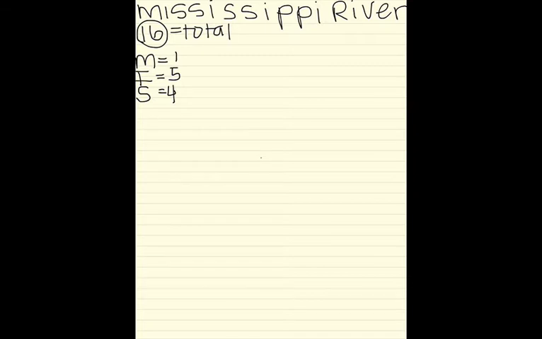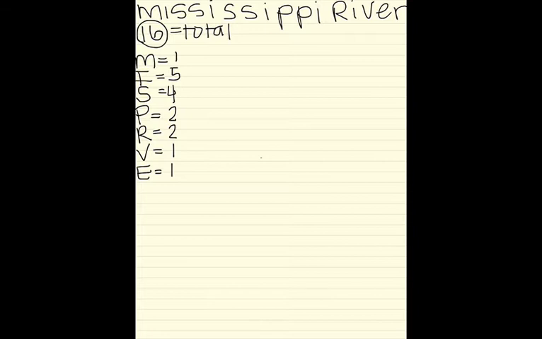The letter P. There are 2 P's. Going to the letter R. There are 2 R's. The letter V. There is 1 V. And finally the letter E. There is 1 E.